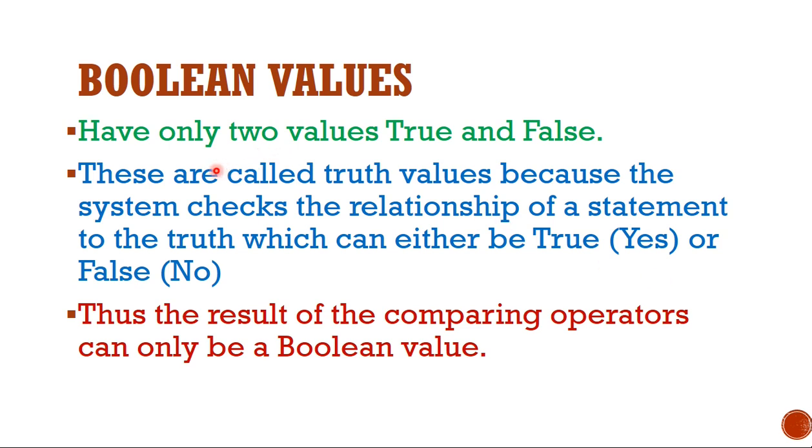Next are Boolean values. What are Boolean values? Boolean values have only two values, true and false. These are called truth values because the system checks the relationship of a statement to the truth, which can either be true or false. True means yes and false means no. If the relationship is true, then the statement will be executed, and if it is false, then the statement will not be executed and the loop or the if condition will end.